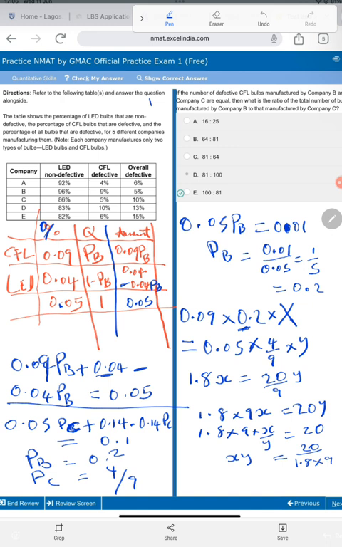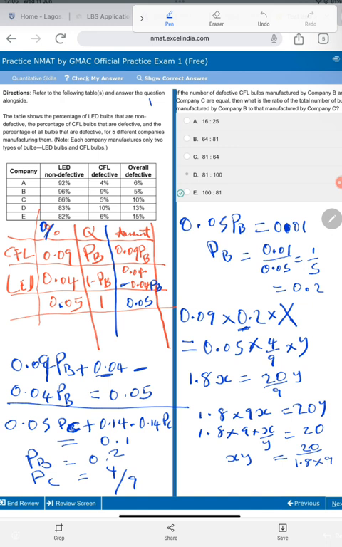If you call PB the proportion of CFL that are defective, and that proportion corresponds to 0.09, then the total proportion that are defective will be CFL plus lead. Then 1 minus that of CFL.